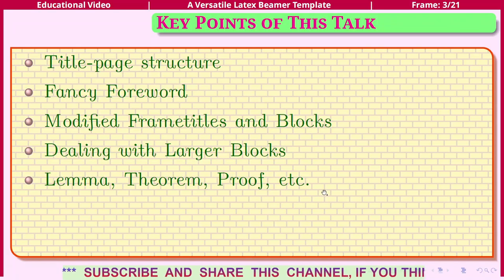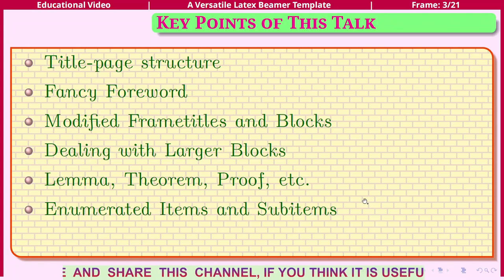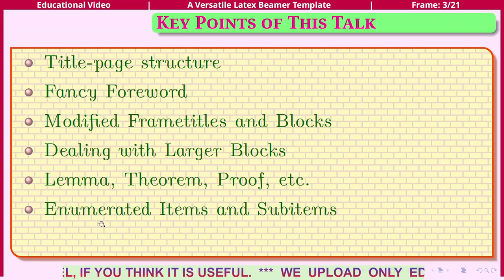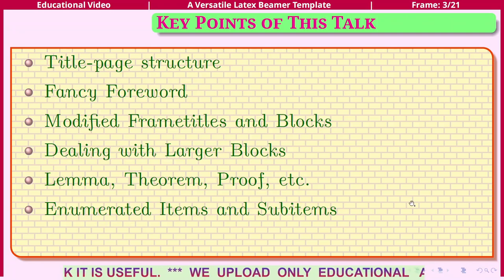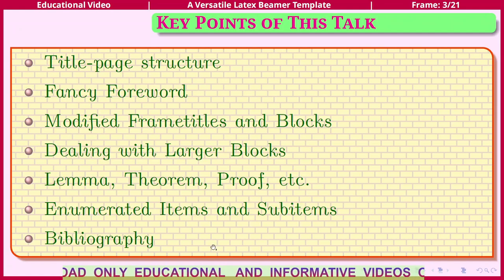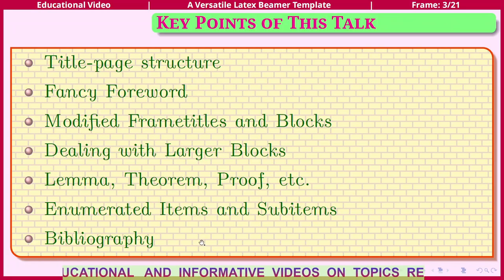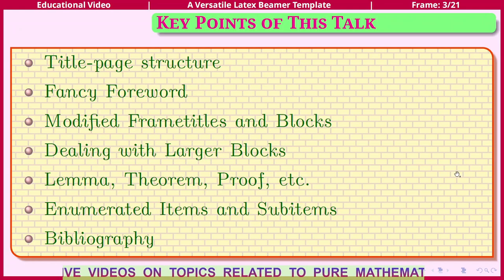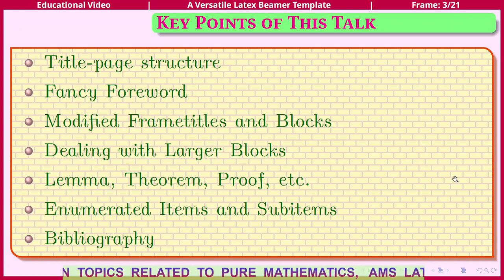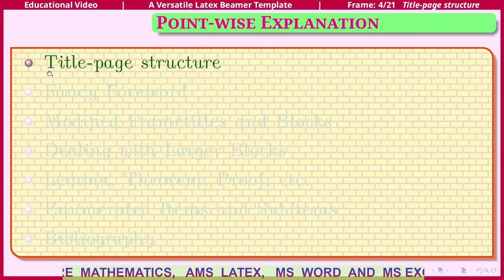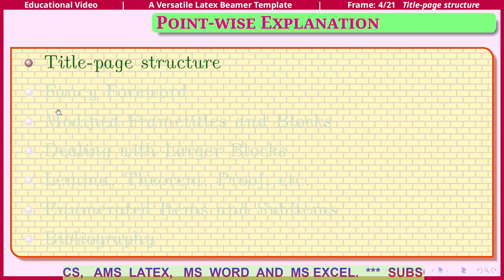Then you can see enumerated items and sub items. Everything will cover, and then there is a bibliography also, the references. So let us now discuss these things in a point-wise manner. I will give a point-wise explanation of all these points.